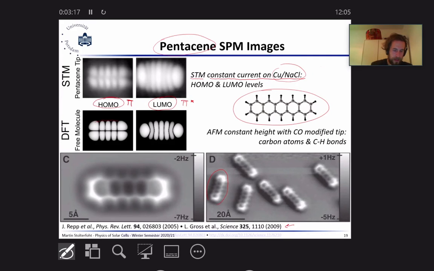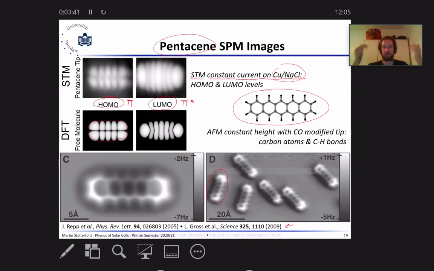So this illustrates that a molecular pi orbital is delocalized over the whole molecule. So it is occupied by 1 or 2 electrons, depending on the configuration. But it exists.